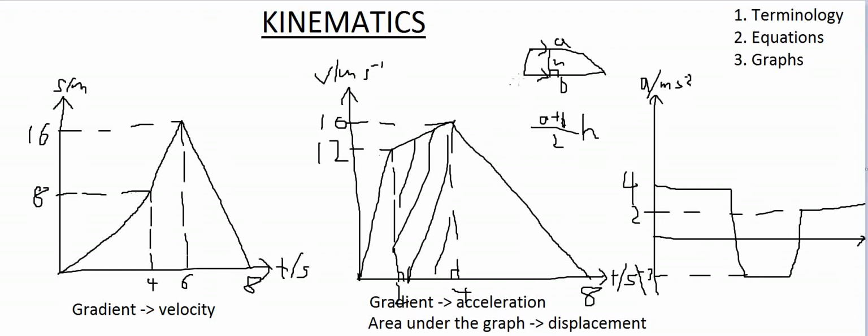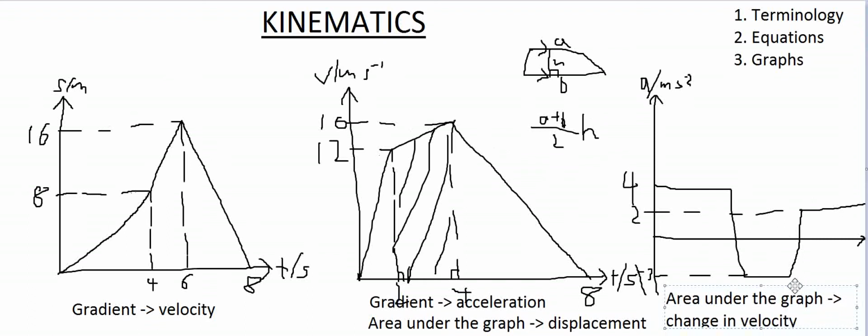So here the area under the graph is like the velocity, or more technically the change in velocity from the time when t is 0.